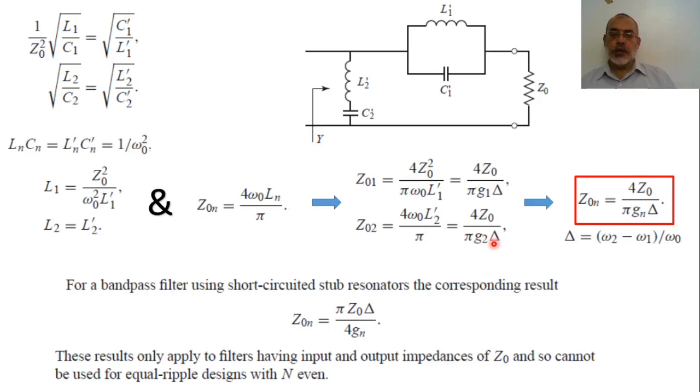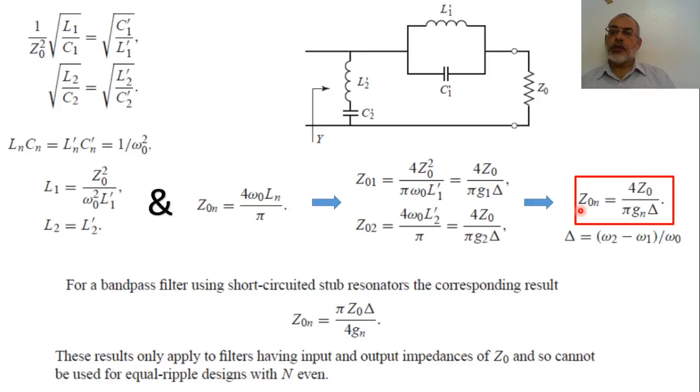In general, Z0n for n stubs would be 4 Z naught over pi Gn delta, because effectively this is the same relation for the first stub and the second stub, and actually this is generalized for any stub in the coupled stub resonator filter.